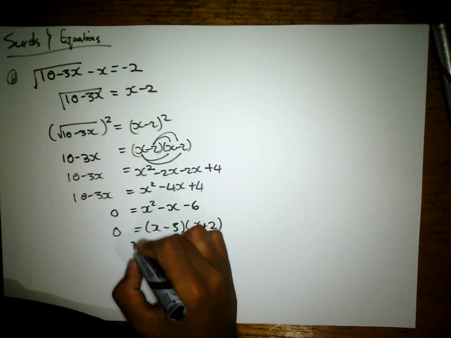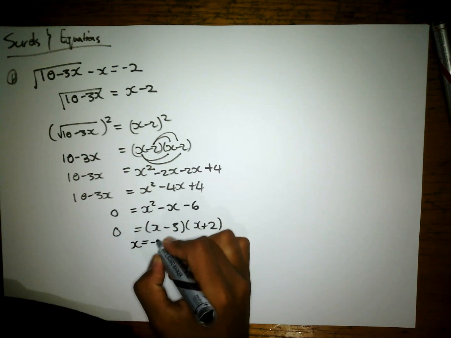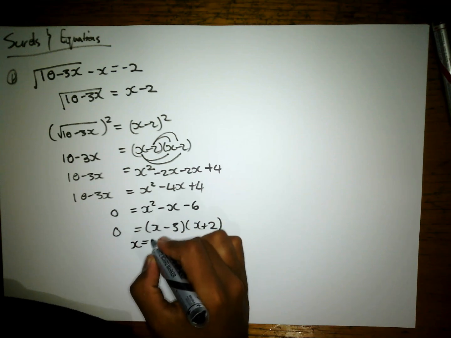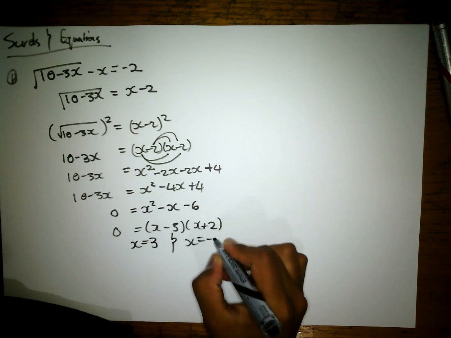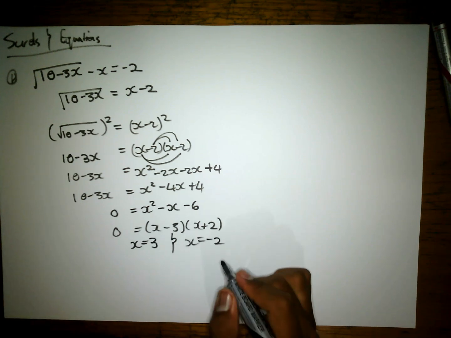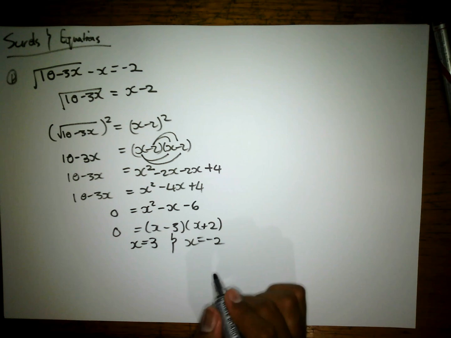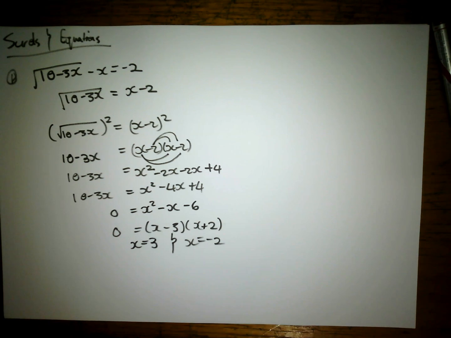So x equals positive 3 and x equals minus 2. Very straightforward sometimes.